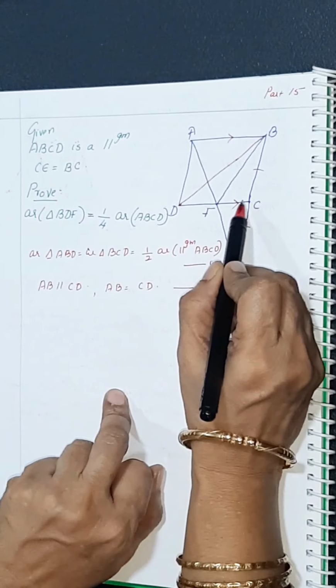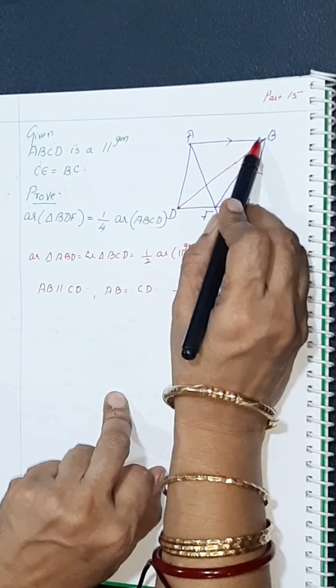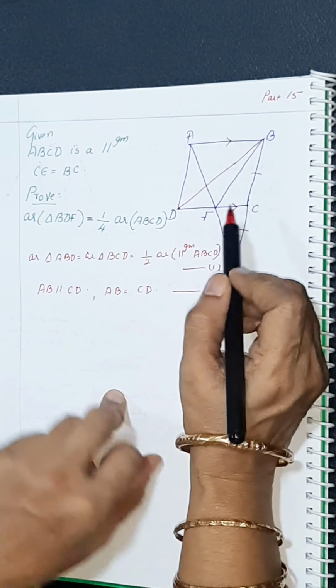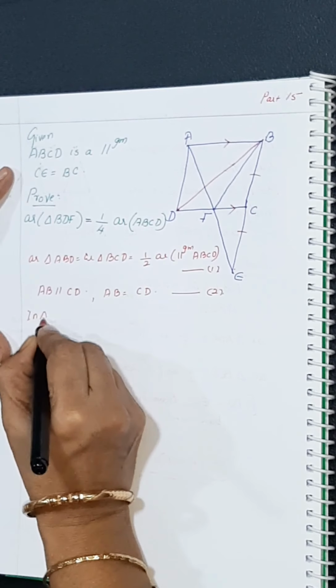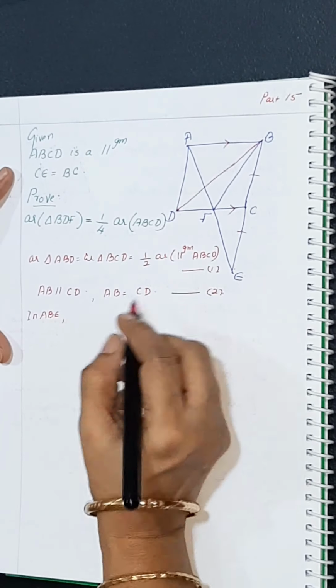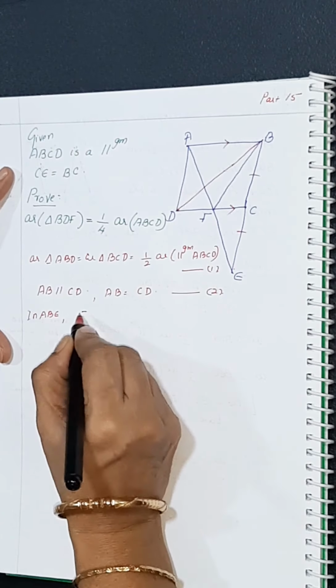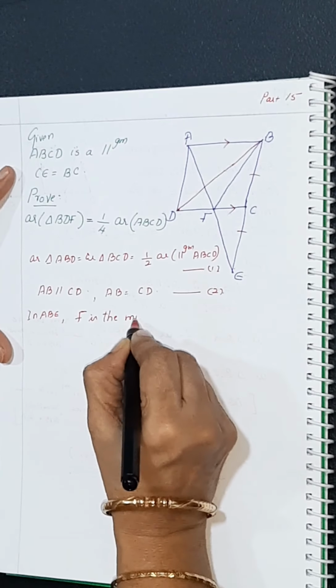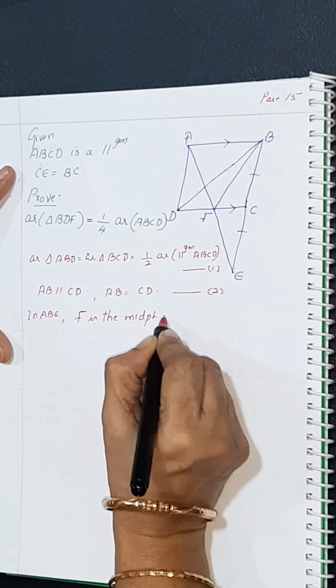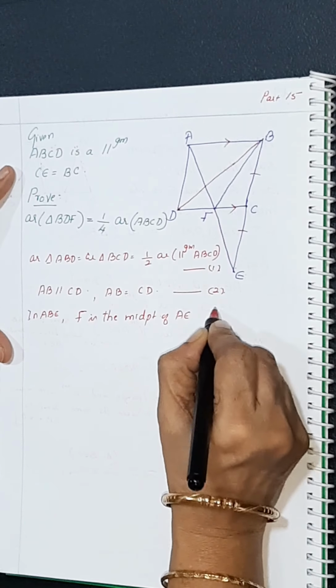So C is the midpoint and CF is parallel to AB, then F will be the midpoint of AE.